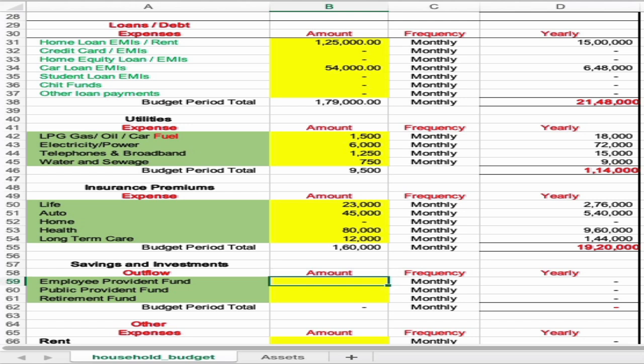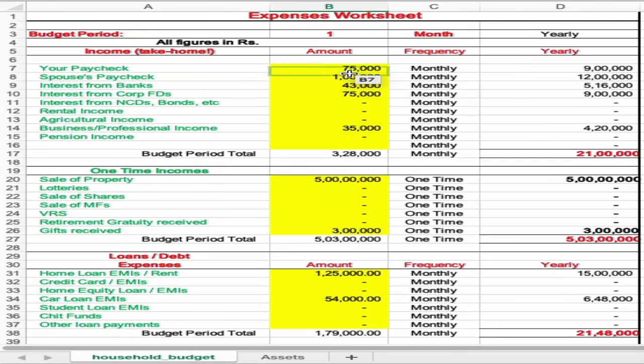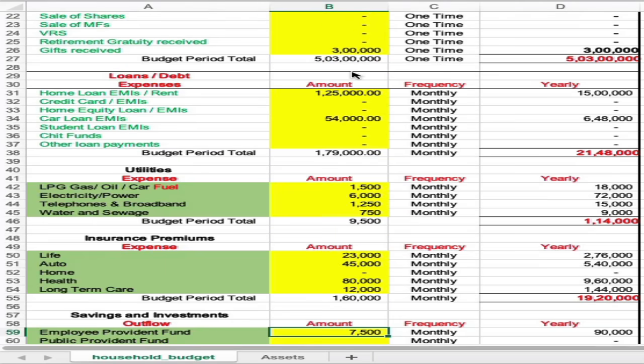Employee, you're putting in money into PF or EPF. Okay, so let us say you put equal to 10%, 0.1 into your salaries. You go up, so you got 7,500.